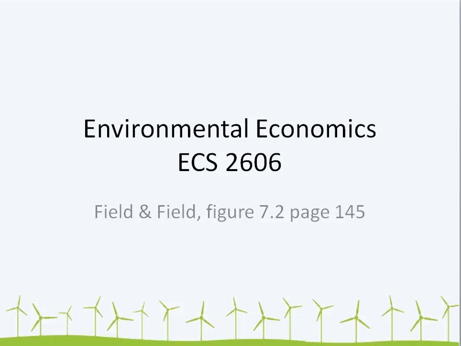I might put filters in my house that clean the air, which is very expensive. So the filter is a way that I try to avoid polluted air, and we can use the cost of those filters as an indication of my value for clean air. So that's one method. It's called averting costs.